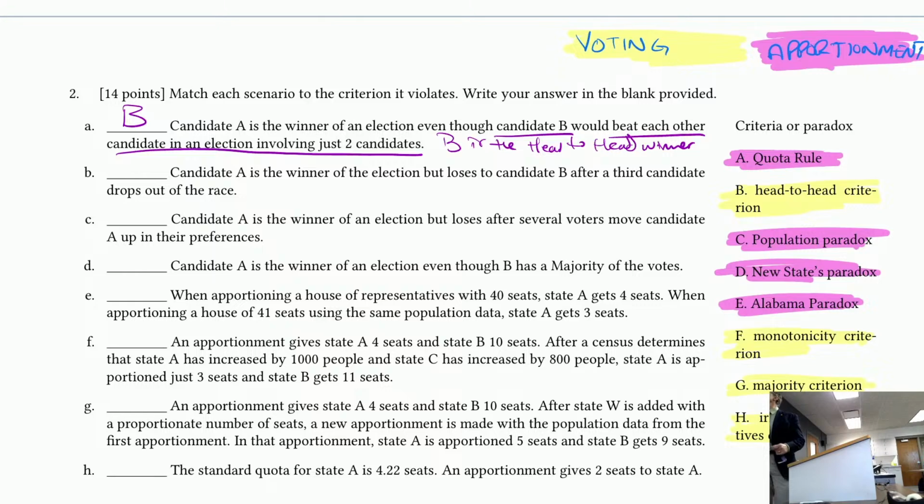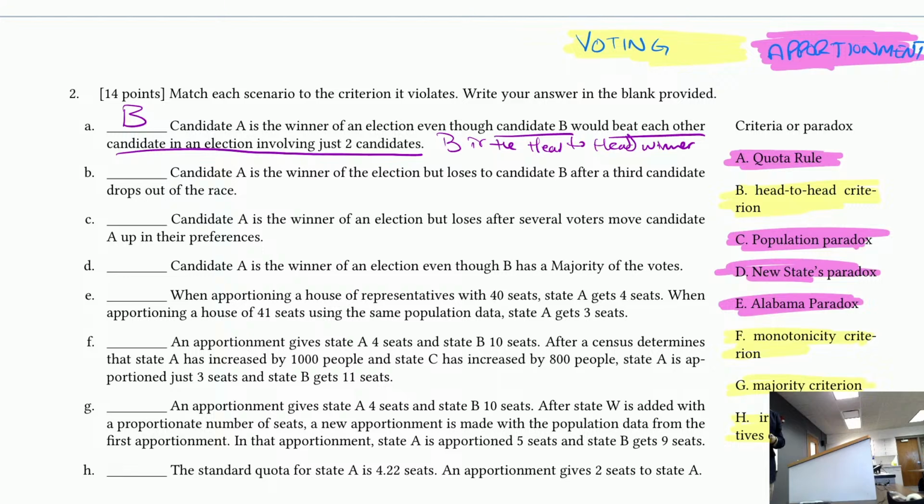So the actual exam, similar situation: multiple choice, or matching, but like I said, I kind of grouped them a little bit more logically instead of having it interspersed. Next one, candidate A is the winner of the election. Once again, voting, so we're only looking at the yellow things. Candidate A is the winner of the election, but loses to candidate B after a third candidate drops out of the race. That is the situation where someone who is a loser drops out and it changes the election.